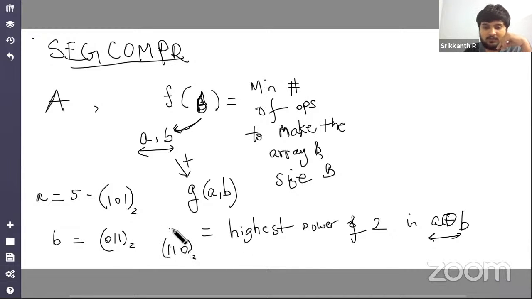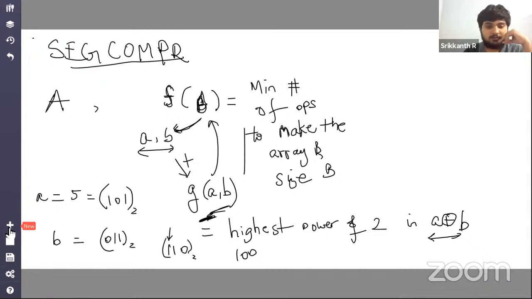Or just consider the most significant bit and remove all the others. So this is a weird function g defined on two integers. Each operation is: take two numbers, remove them, find g of a comma b, and add it back to B.